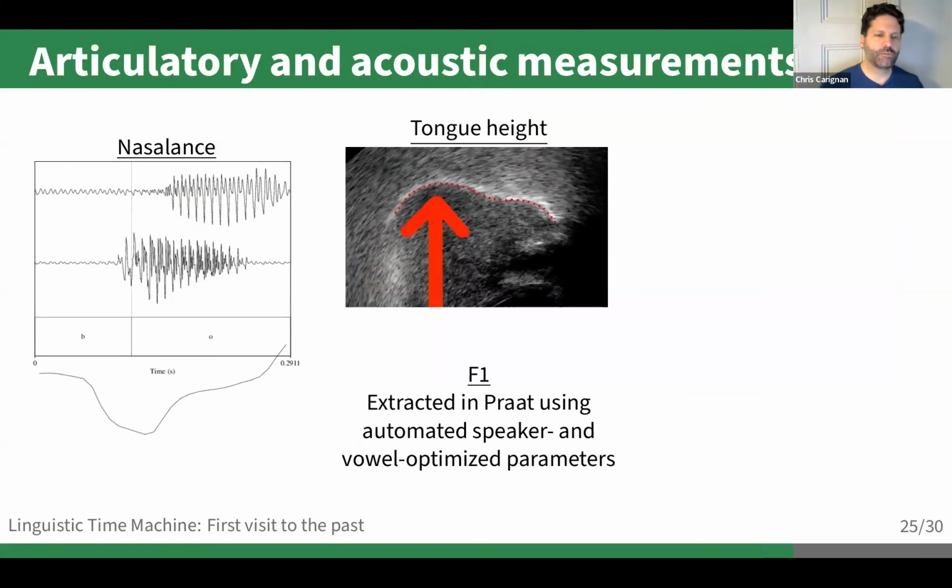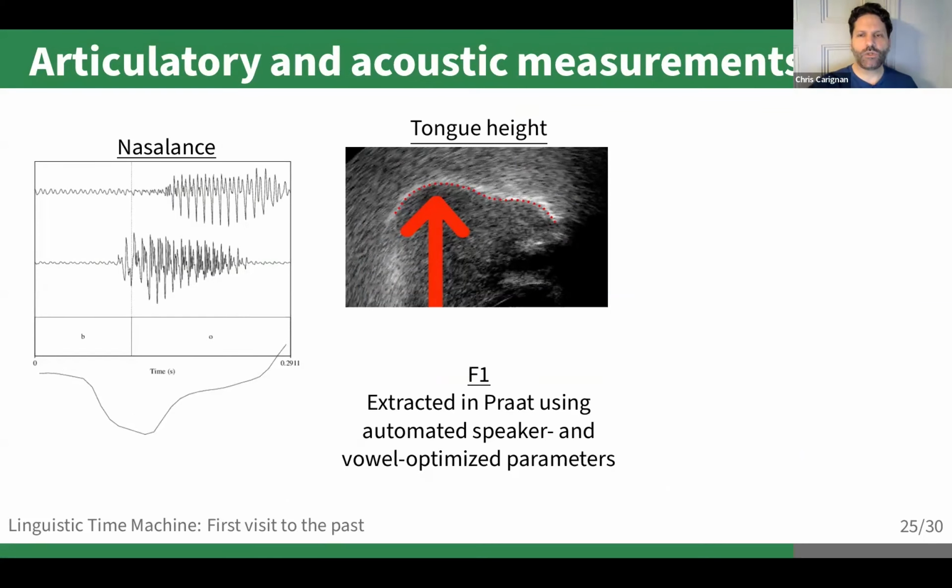So what I did is, like I said, nasalance is this ratio of nasal amplitude to the summed amplitude of nasal and oral. And we can see what this looks like. This is the word bon. We can see we have a drop here, right as the intraoral pressure builds up before the burst, and then it increases as nasalization starts somewhere into the vowel.